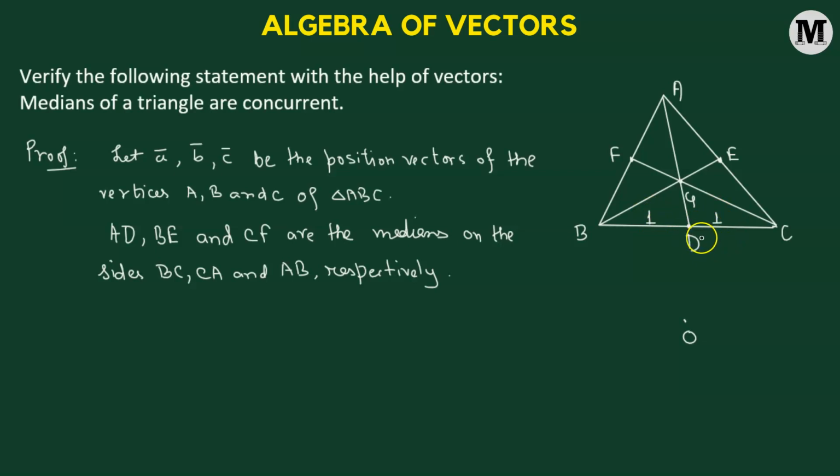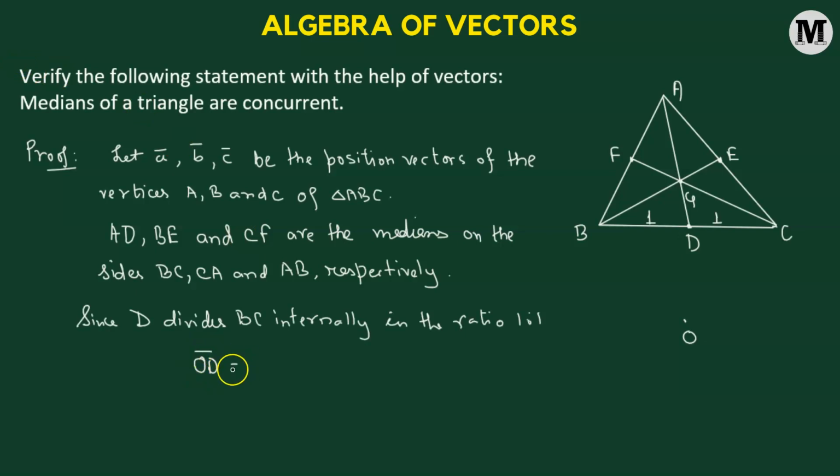Therefore, OD vector, that means the position vector of the point D, will be equal to 1 times the position vector of the vertex C added to 1 times the position vector of the vertex B, that's B vector, divided by 1 plus 1. So that's going to give us C vector added to B vector divided by 2. So now we have the position vector of A, that's A vector. We also have the position vector of D, which is B vector plus C vector divided by 2.